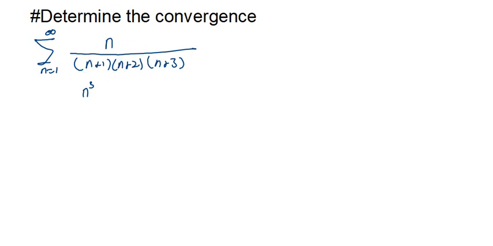Hence, I just have to focus on the highest power on the denominator and the highest power on the numerator. So the highest power on the numerator is n, divided by the highest power on the denominator, which is what? n to the power 3. That gives us what? 1 over n squared. So observe to say what you have here is nothing but a p series which converges. Why does it converge? Because the value of 2 that we have here in terms of p is greater than 1.